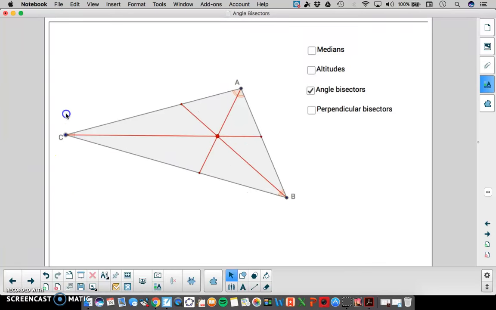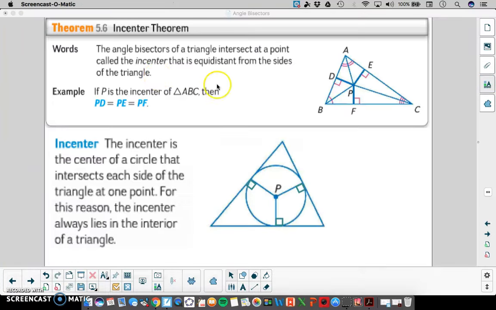No matter where I move those points, that point of concurrency that we just saw is called the in-center for the angle bisectors. The angle bisectors are always going to intersect at the in-center. And because it came from the angle bisectors, we know the in-center has to be the same perpendicular distance from the sides of the triangle.